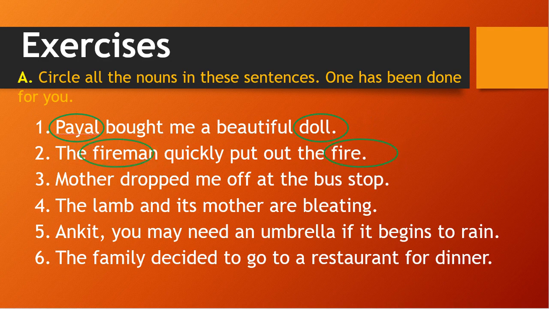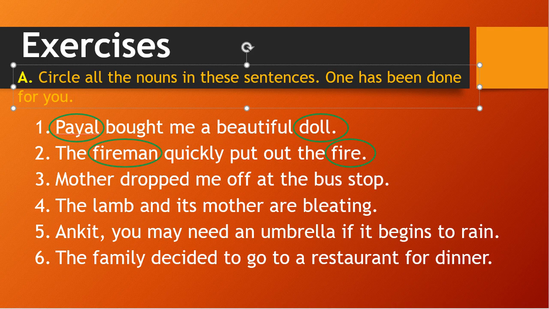We have marked these two, fireman and fire, as nouns, because fire is a kind of thing, and fireman is a person name or denoting the person, so that is a noun.